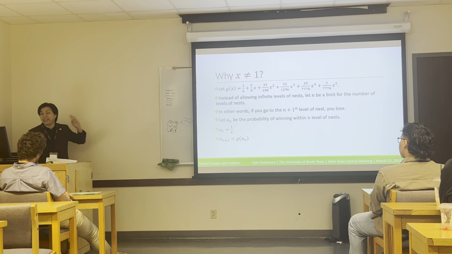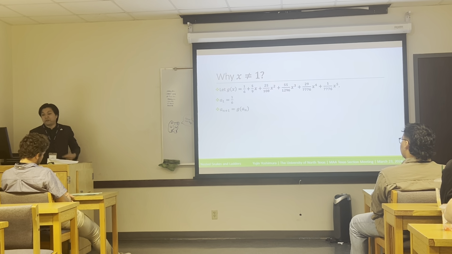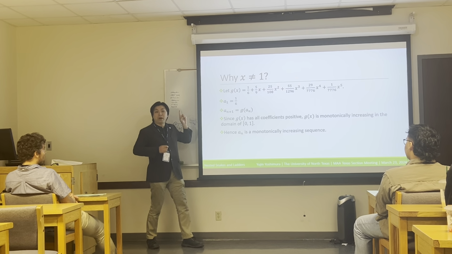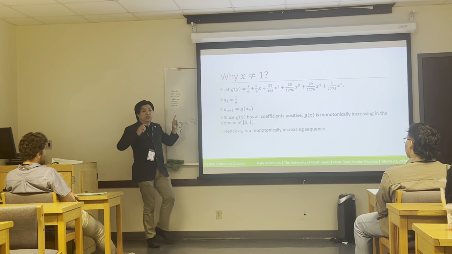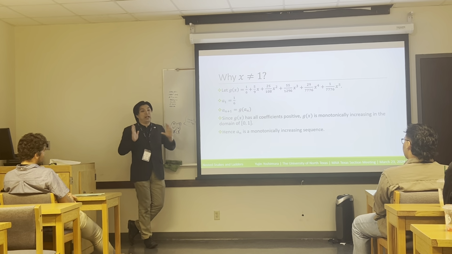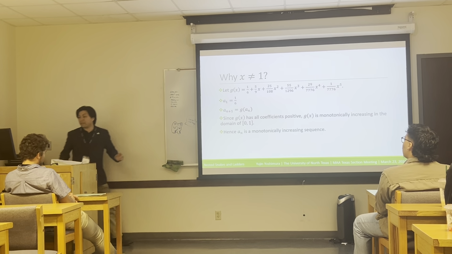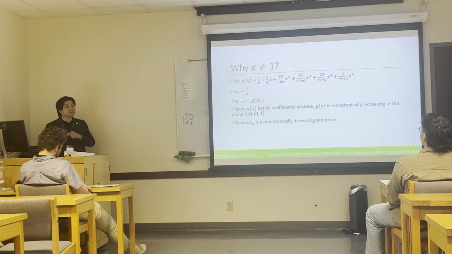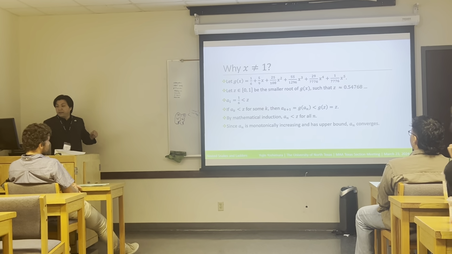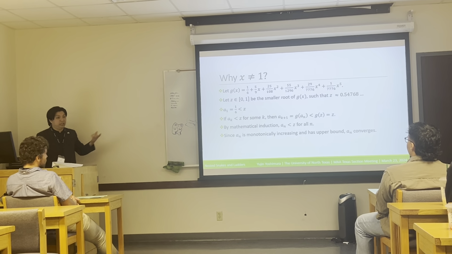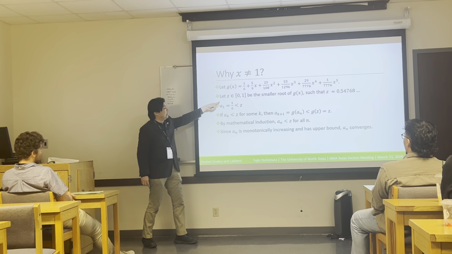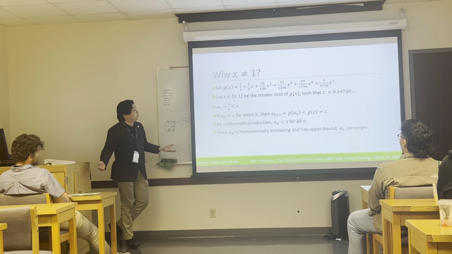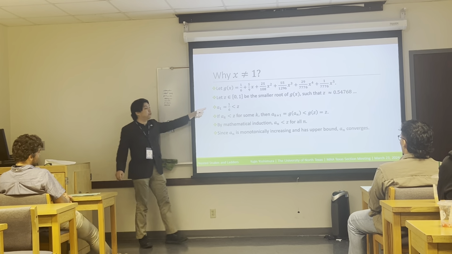Let's think of it this way. If you observe carefully, all of the coefficients are positive, so g is monotonically increasing if your x is between 0 and 1. So the sequence a sub n is monotonically increasing. Then let's say z is a root. I am picking the last one, z equals 0.54768. Obviously, a sub 1 was less than z.